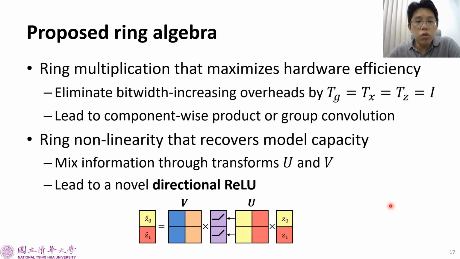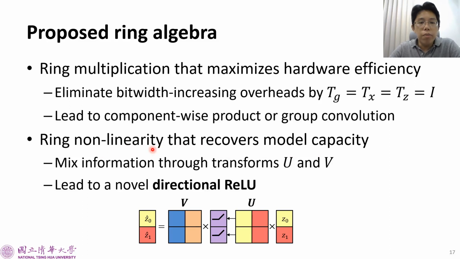To resolve this issue, we propose a novel ring algebra. We maximize hardware efficiency by setting the transform matrices to identity for ring multiplication, and this is equivalent to component-wise product or group convolution. More importantly, we propose to recover model capacity by using ring nonlinearity.